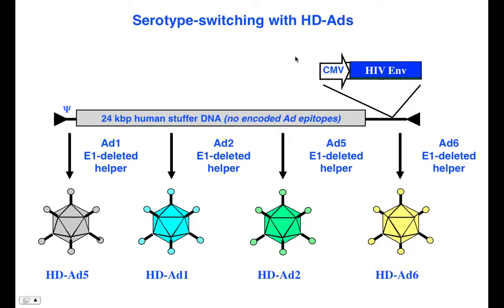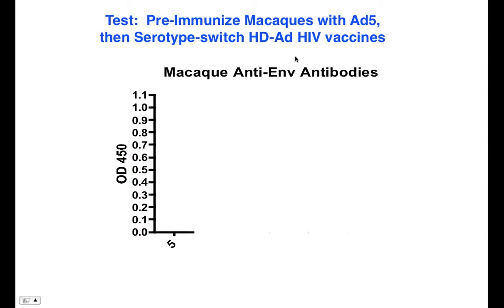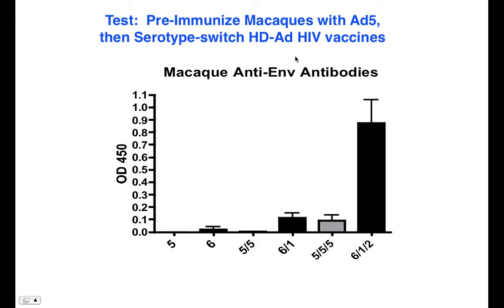So you can switch between these serotypes, and it's very cleverly called serotype switching. So this is testing pre-immunizing macaques with AD5, and then serotype switching to an HIV vaccine.